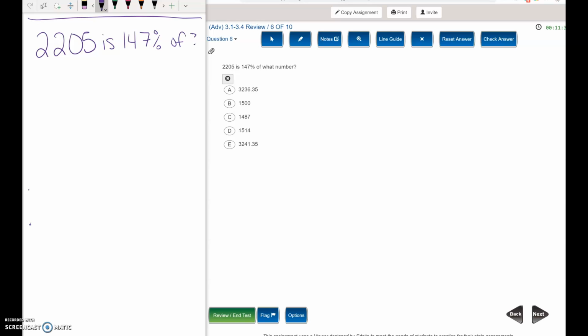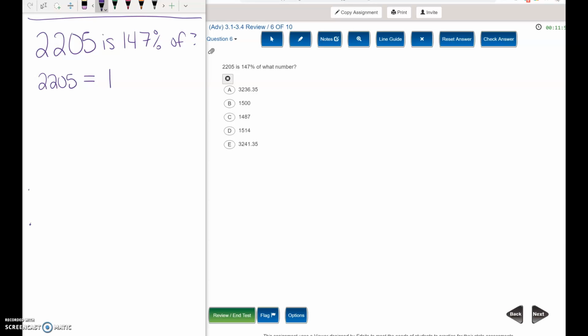So 2,205 is 147% of what? So 2205 means equals. If you don't know how to convert 147% into a decimal, do 147 divided by 100. Percent means out of 100.